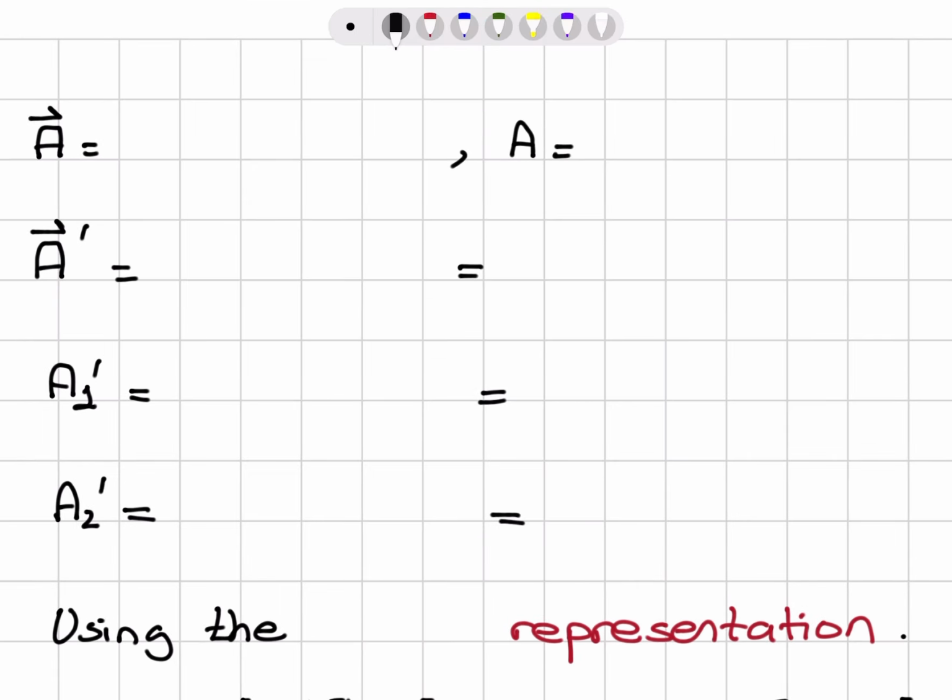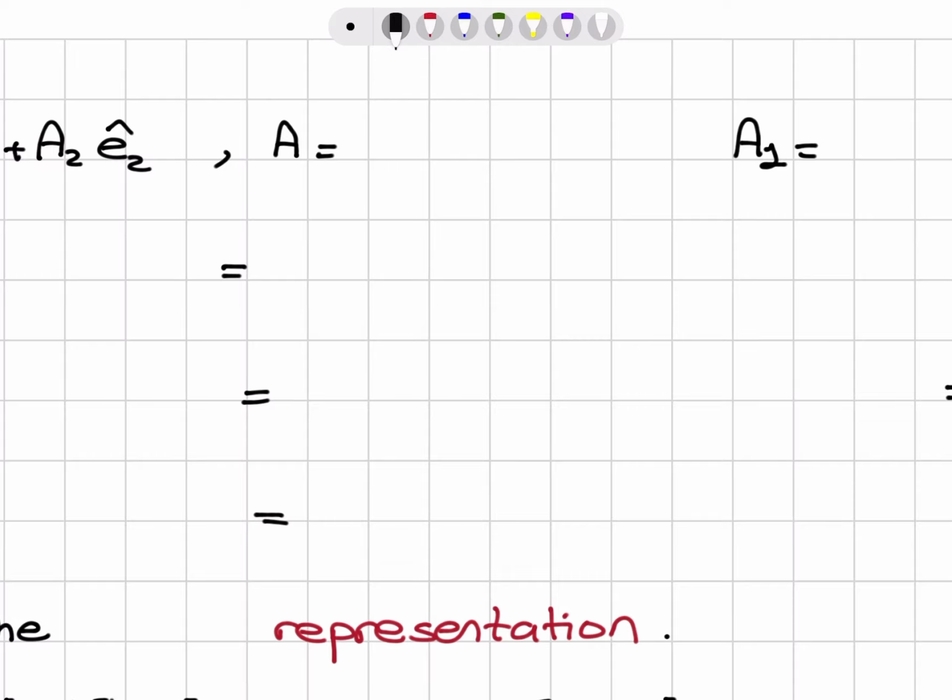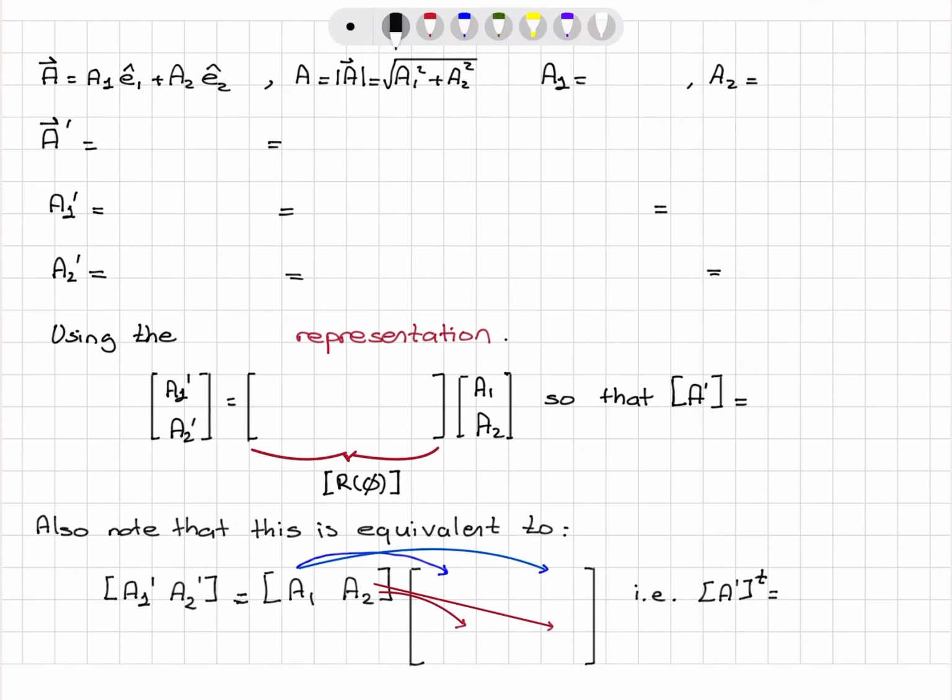This vector A has two components originally, A1 E1 hat plus A2 E2 hat, using the axes 1 and 2. Its magnitude is the absolute value of vector A, that is the square root of A1 squared plus A2 squared. This is obtained by using the Pythagorean theorem here.